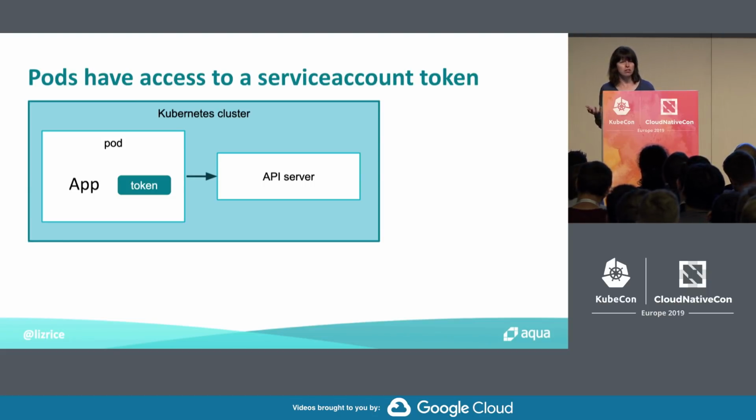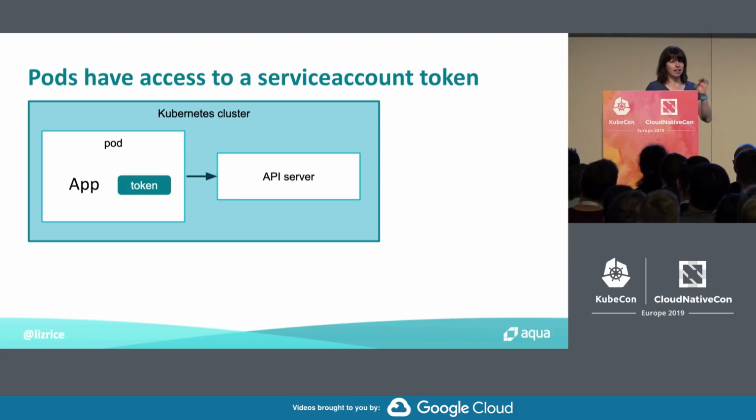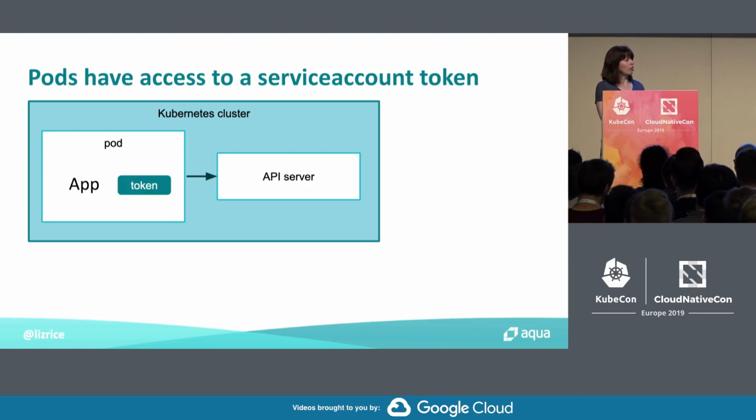It might be the default service account, or you can specify another service account identity. And by default, the token associated with that service account is accessible from your application code running inside that pod. The reason for that is so that if your application needs to make requests of the Kubernetes API, it can have the credentials to do so.